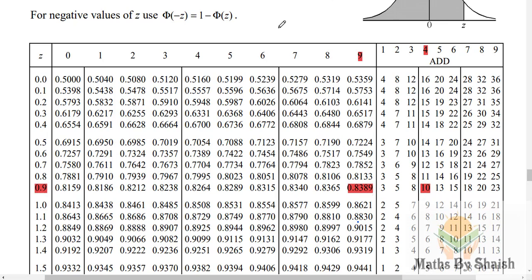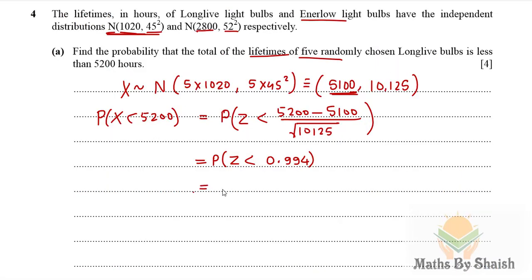The answer is 0.8389 plus 10, which is 0.83990. To 3 significant figures, the digit is 9 and the next one is 9, so it rounds up to 0.840, and that's the probability. I hope it is clear.